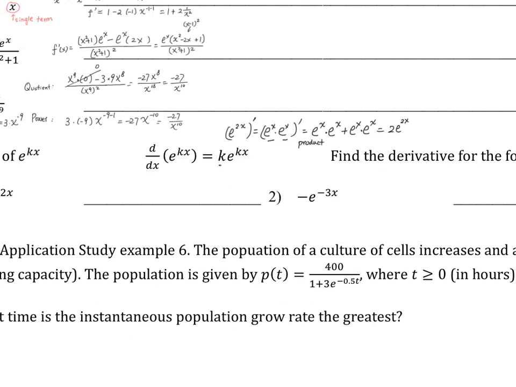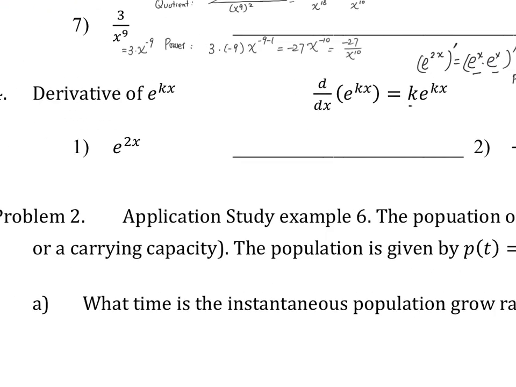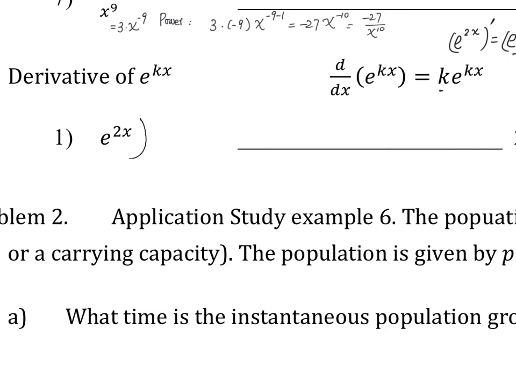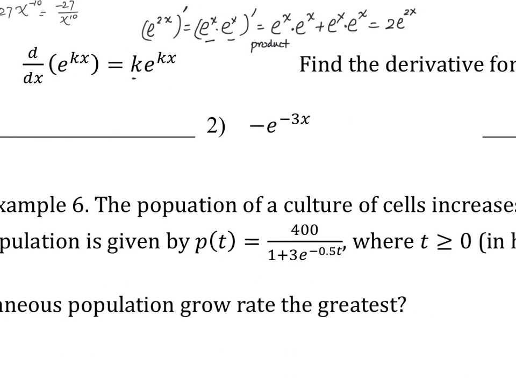So now let's look at the first one. We already know that this k is equal to 2. So the derivative of this guy will be 2 times e to the 2x. And the second one, the k is negative 3. This is the k.